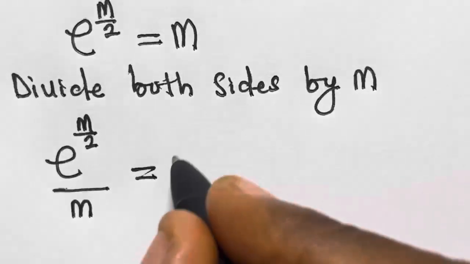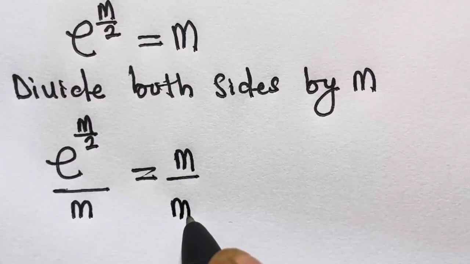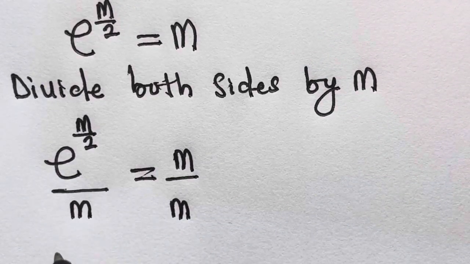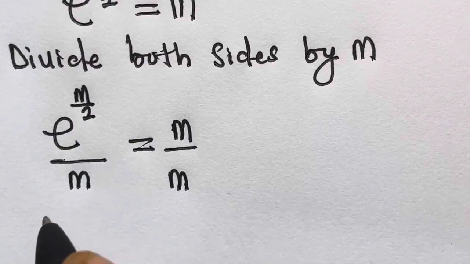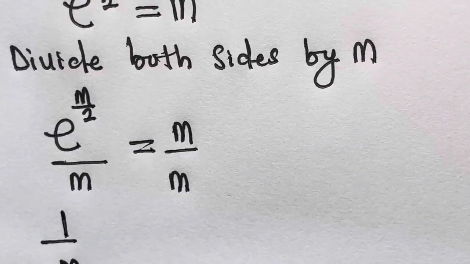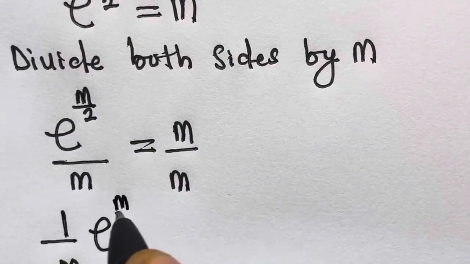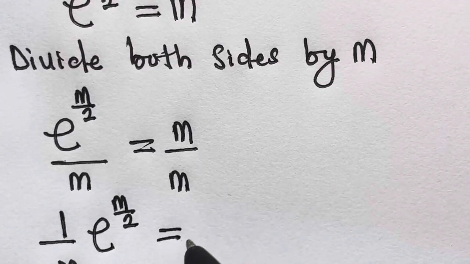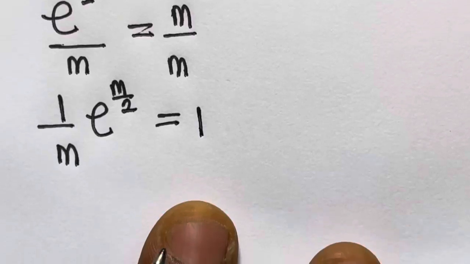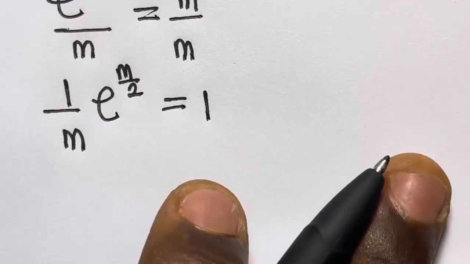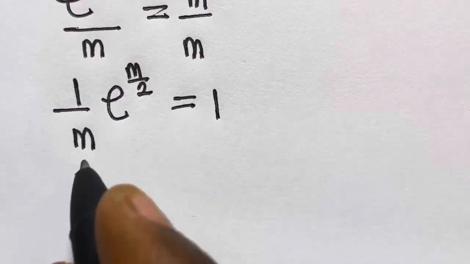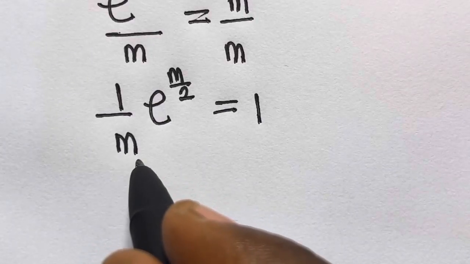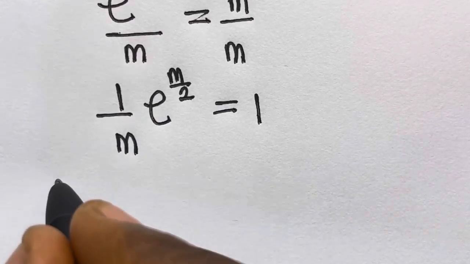Because we have m here and we divide the side by m. So here we see that we have 1 over m, then exponential m divided by 2 equals this divided by this, m divided by m will give us 1, right? So we have this.